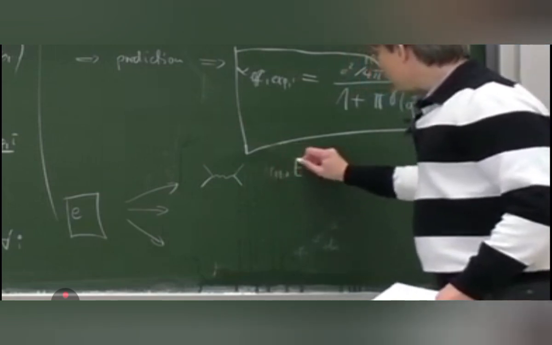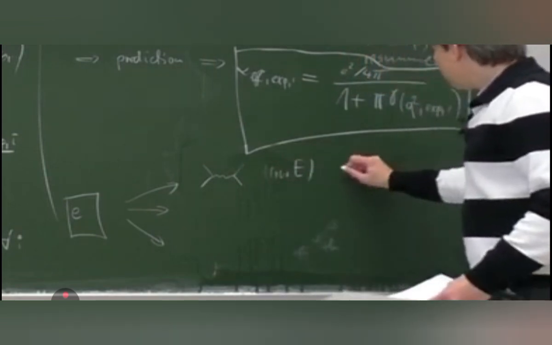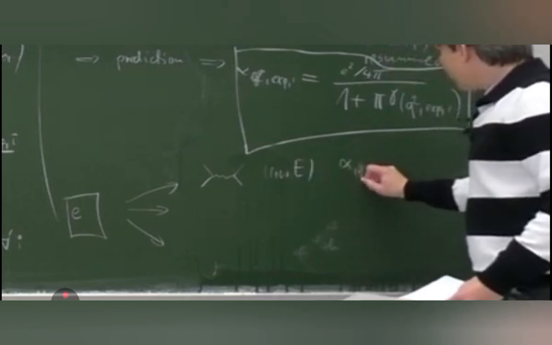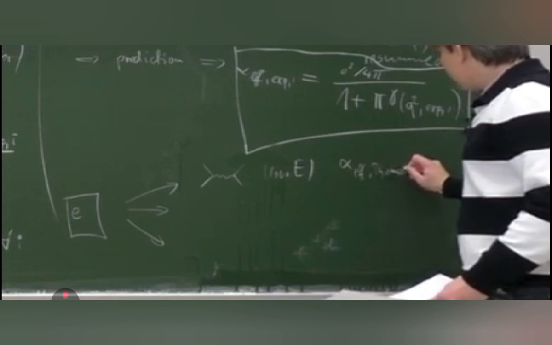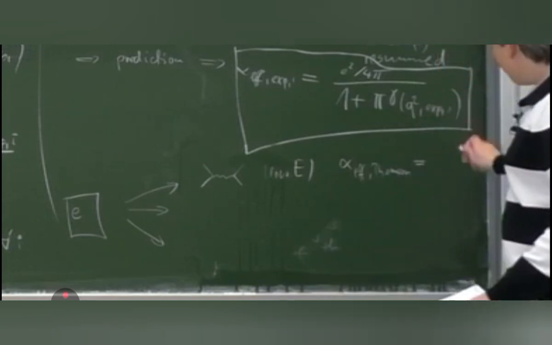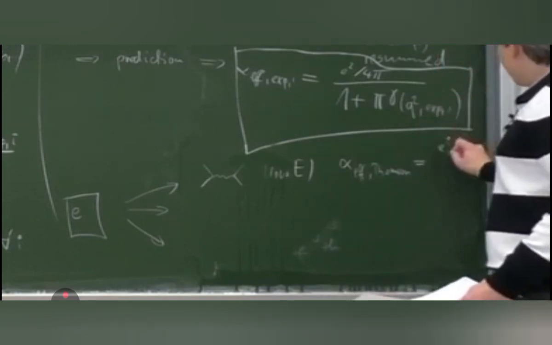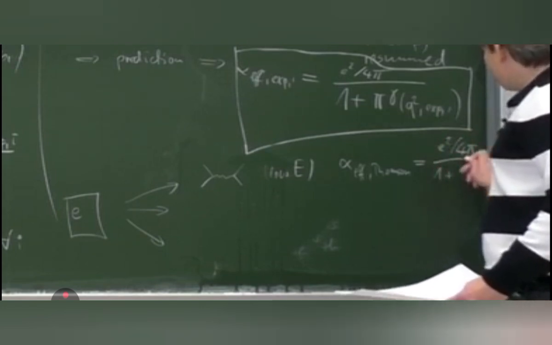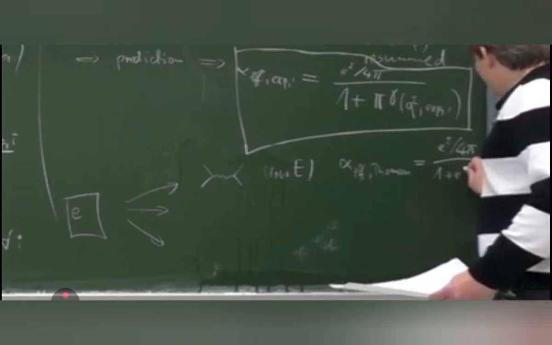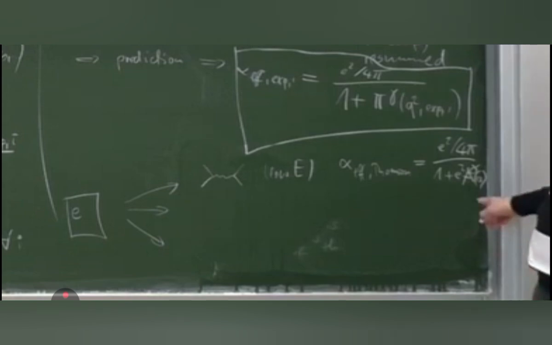That would be observable 1, and then we might get alpha effective in the Thomson limit, which would be predicted to be E square over 4 pi divided by 1 plus E square times A gamma of 0, right?